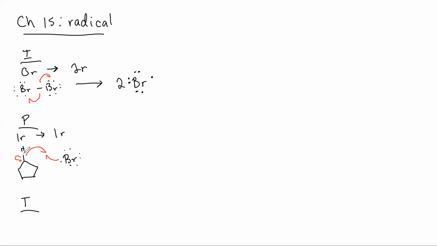And then the remaining electron on that bond will then add to that carbon, and we end up having a carbon radical plus HBr. So we start with a bromine radical, we end with a carbon radical. We have 1 radical on one side and 1 radical on the other side. And this will usually be followed up with an additional radical propagation, but let's just ignore that for right now because I want to keep this as simple as possible.